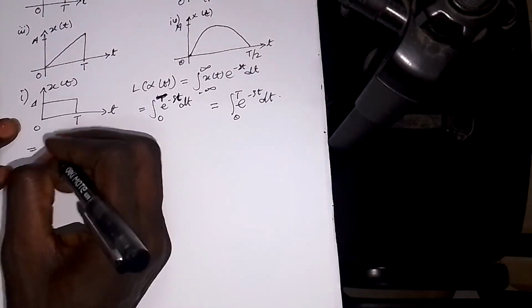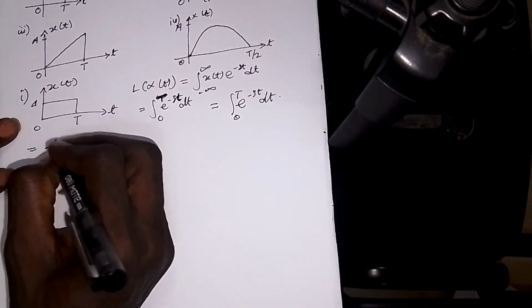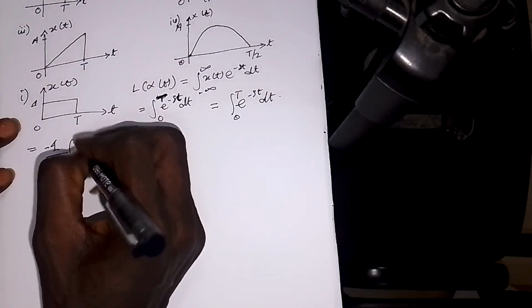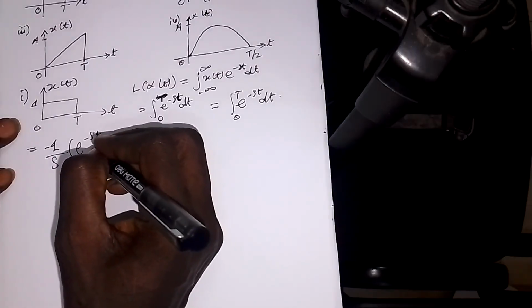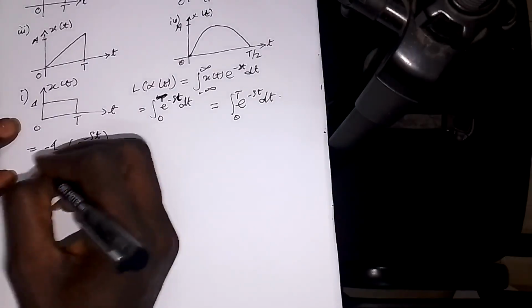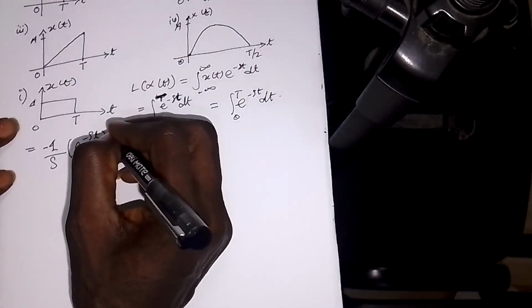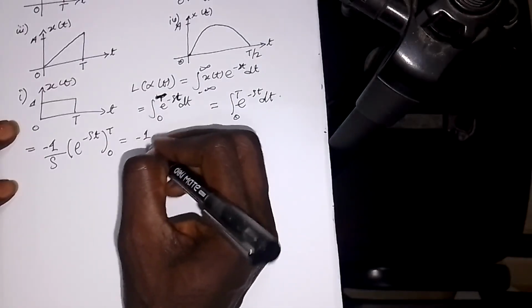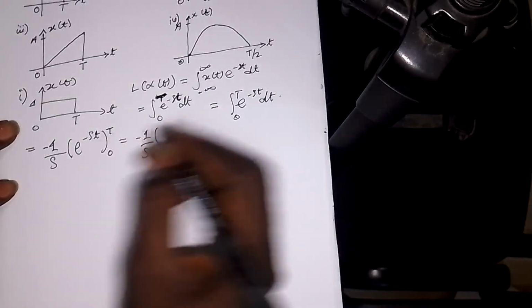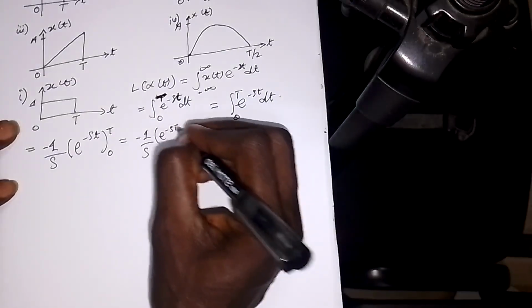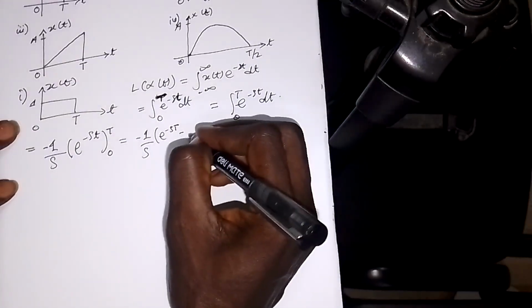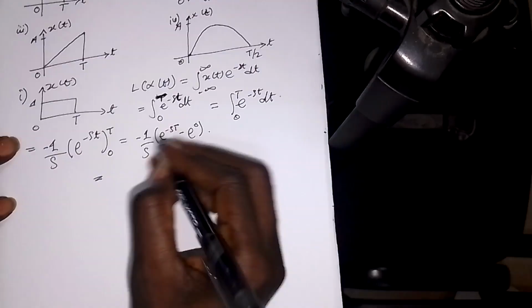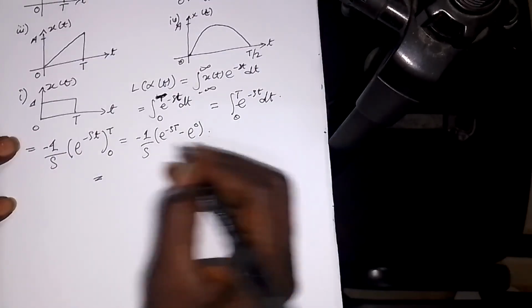If we do that, I'm going to get minus 1 on s, times e to the minus st, with limits 0 and T. So this is actually equal to minus 1 on s, times e to the minus sT minus e to the power 0.